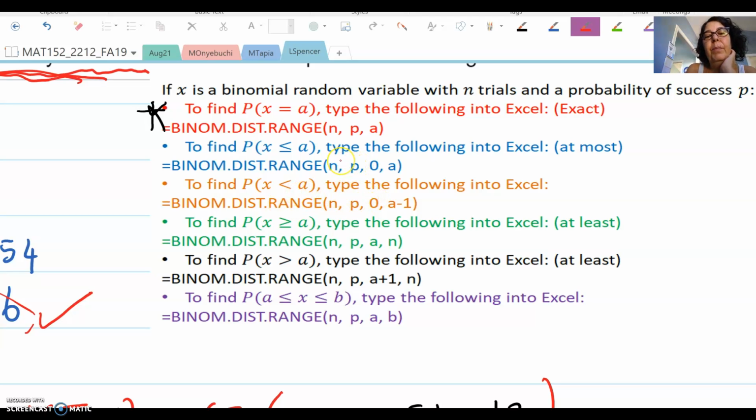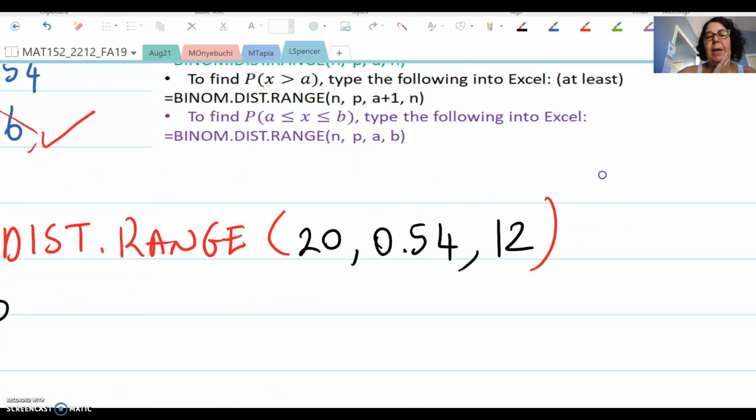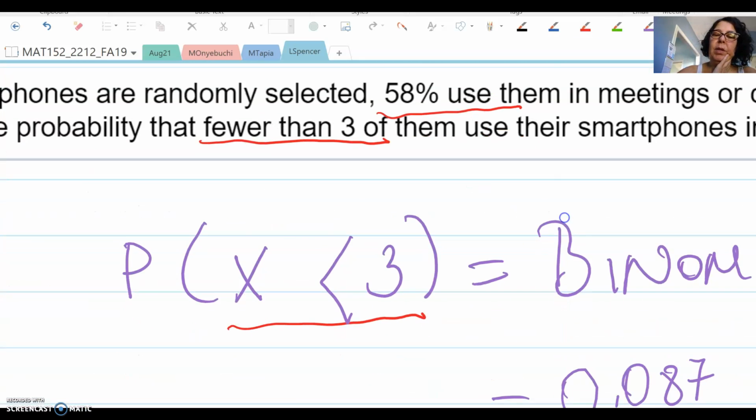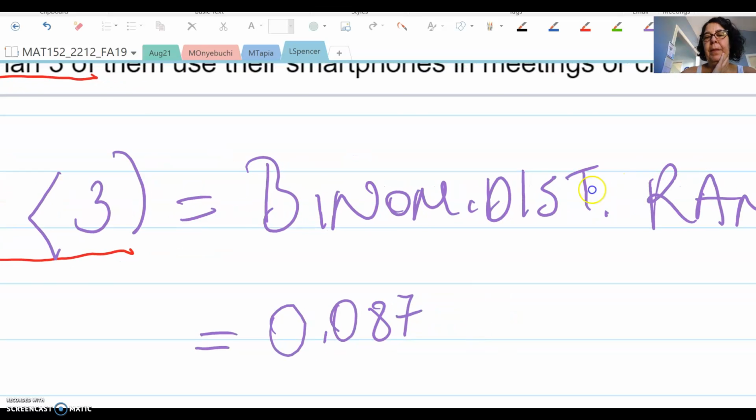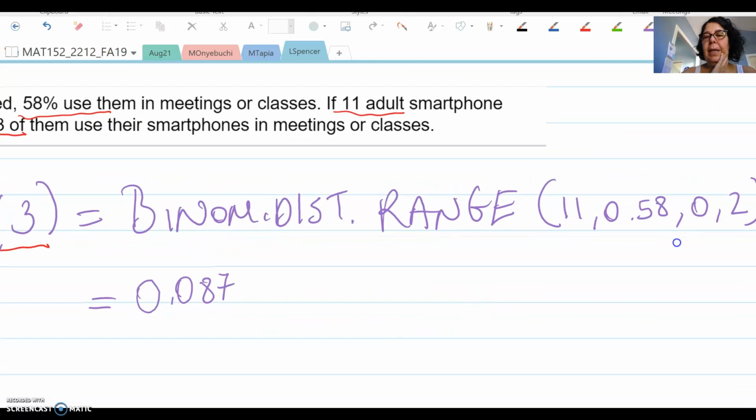It is different from the blue one. The blue one is a maximum of 3. It means that 3 can be included, but it could be at most 3. So you really need to understand that. Fewer than 3 and at most 3 are different.